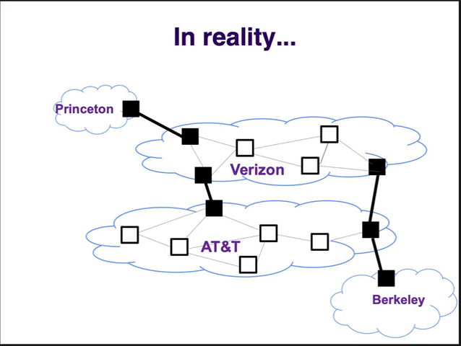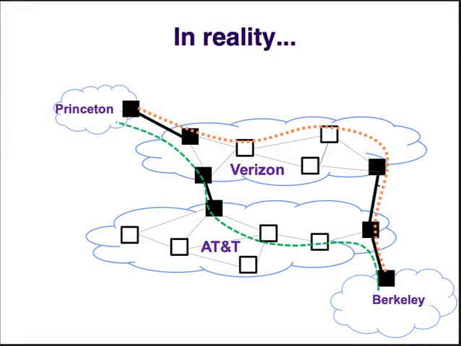If you're AT&T and Verizon, you probably have connections between the two networks on the East Coast, in Chicago, on the West Coast, in Europe, in Asia. So you have multiple of these connections between two different ASs. Going back to this Princeton to Berkeley path, you have two paths. Either you go through the orange router path, or you go through this green path.